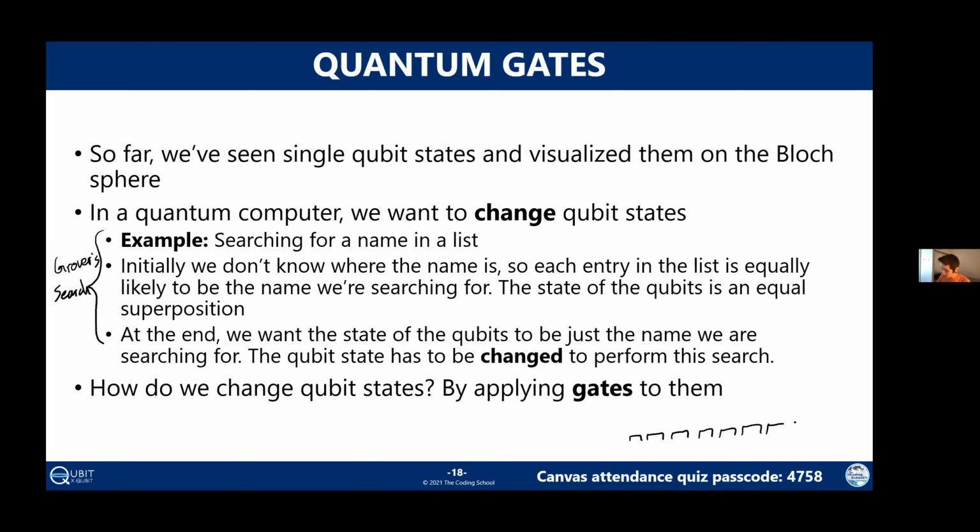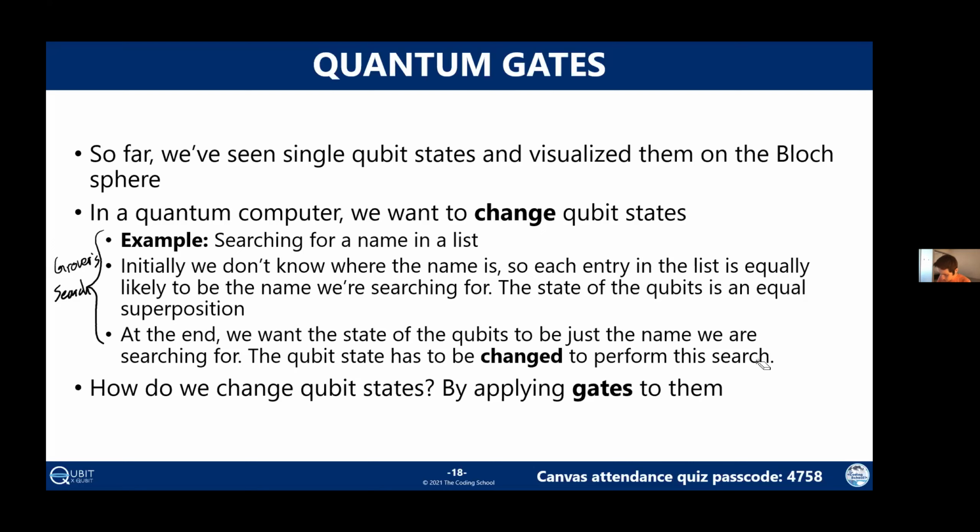And we want to transform that into something where there's effectively 0 probability of everything else and then probability 1 of finding our friend's name. And this is effectively how Grover search works. It starts off with an even superposition over all possibilities, and you do successive transformations to get it closer and closer to this ultimate goal state.